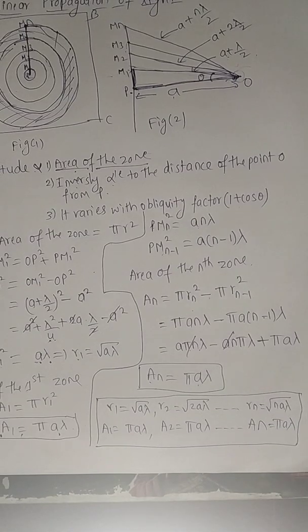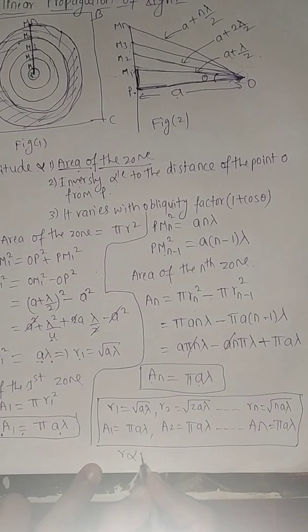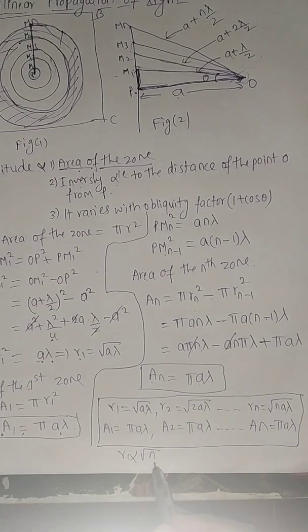So from this, what we concluded is the radius of the zone varies with the natural numbers. So the radius is proportional to square root of n, meaning natural numbers. First zone square root of 1, second zone square root of 2, third zone square root of 3, nth zone square root of n. But if you take area, it will be constant every time. It doesn't depend upon the square root of the natural number.